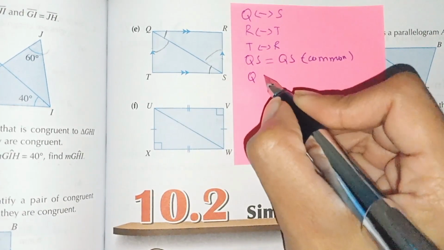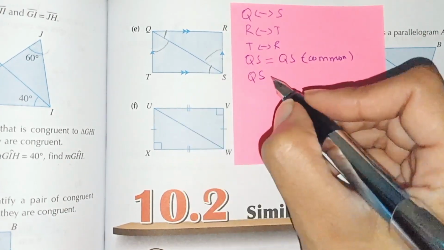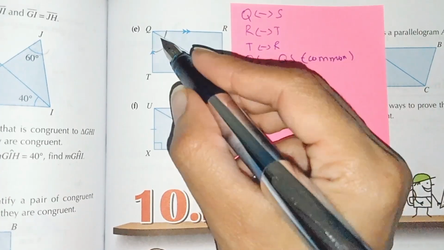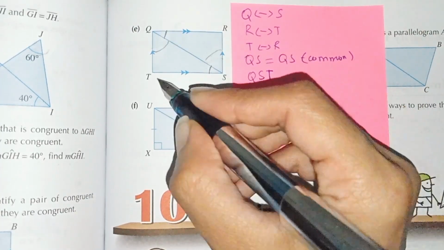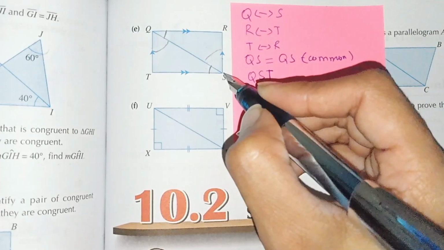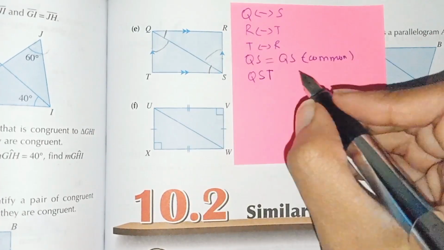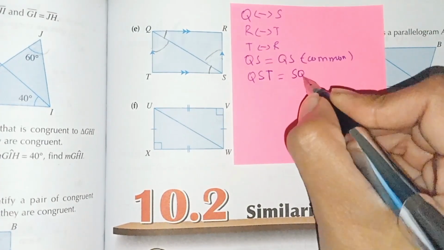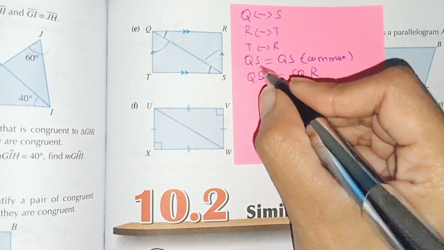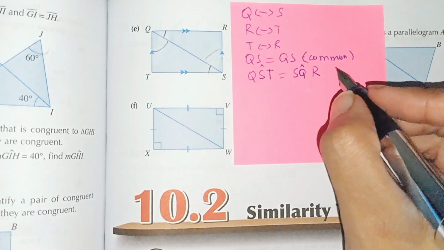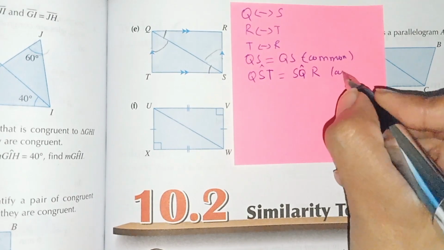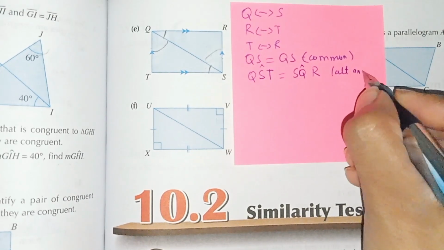So we can write that angle QST, this angle, is equal to SQR, this angle, and that is alternate angles.